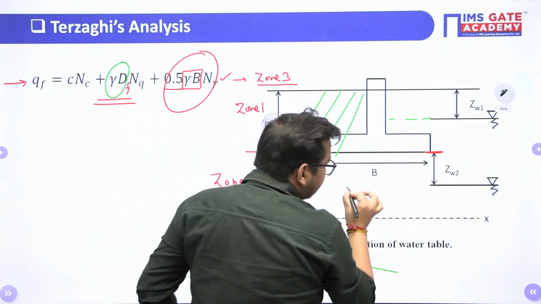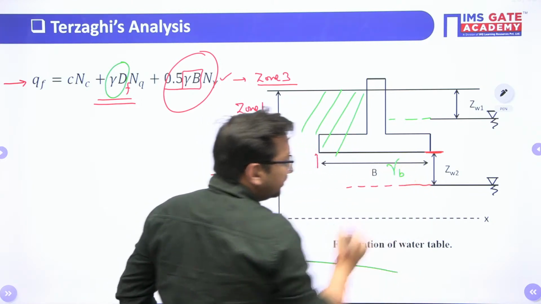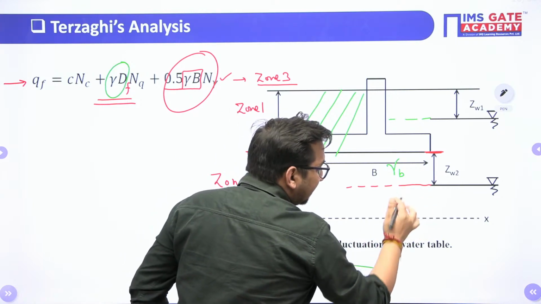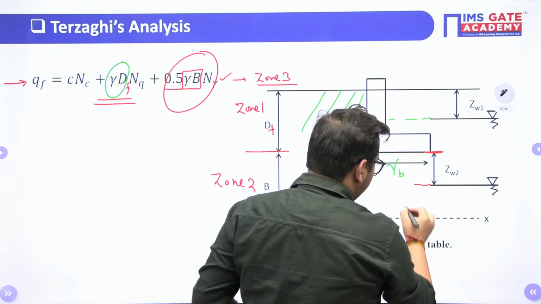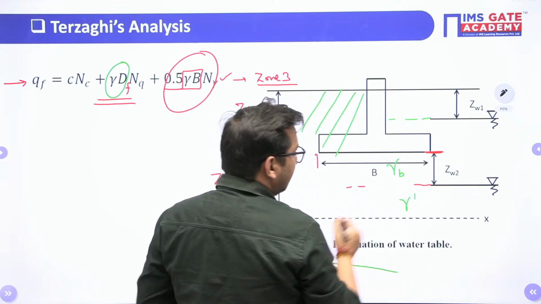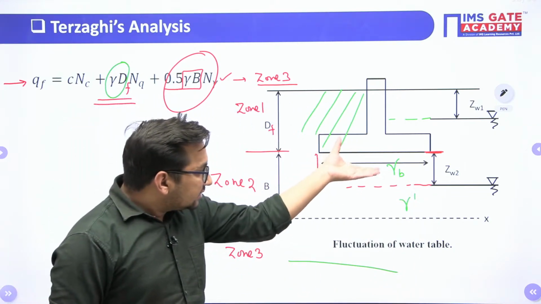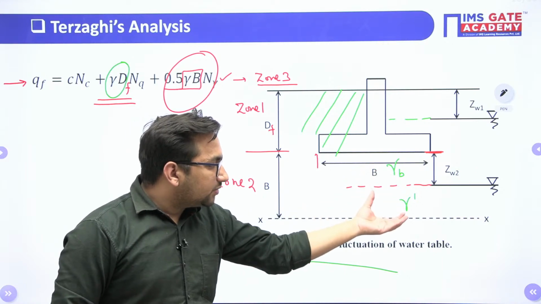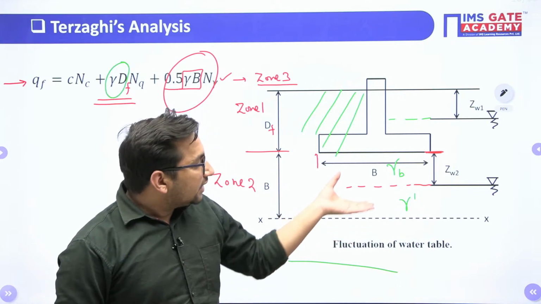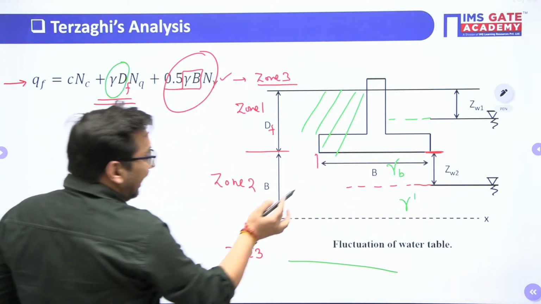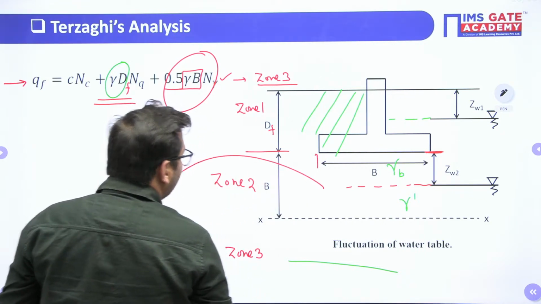So can I say, if I take the unit weight of this soil to be gamma bulk, whereas this soil will be in the submerged condition, so gamma submerged, or we can also use gamma dash as the symbol for gamma submerged. Yes or no? So here some part of the soil is in bulk condition, some part of the soil is in submerged condition. So what can you calculate? You can calculate an average gamma value for this particular soil.